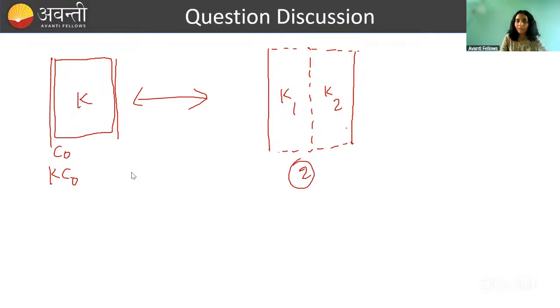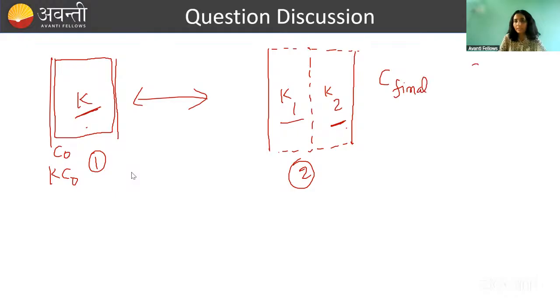In the first diagram, we can clearly say this is K C naught because in the whole space K dielectric is there, right? In the second diagram, in half of the space there is K1 dielectric, in the other half there is K2 dielectric. What will be C final?